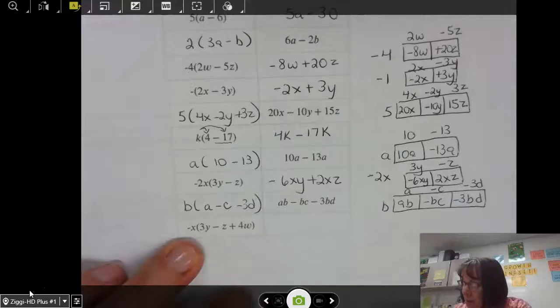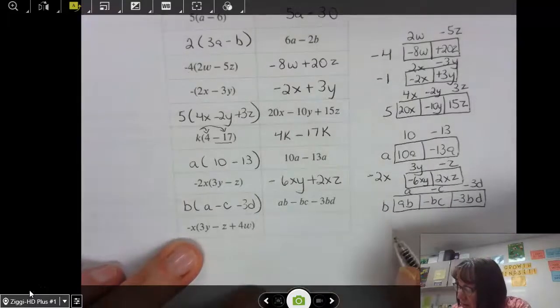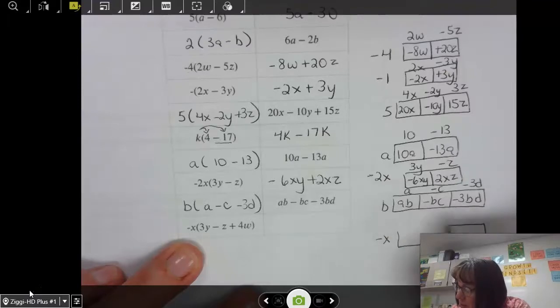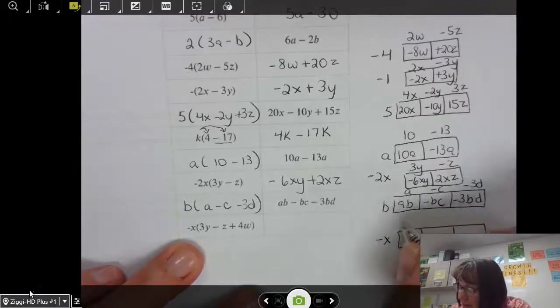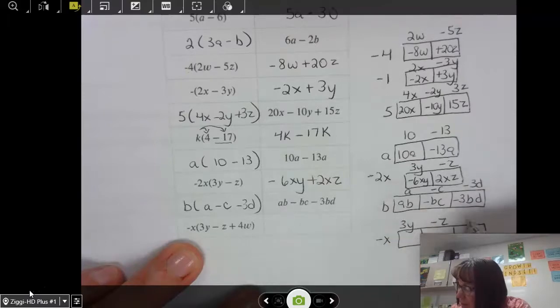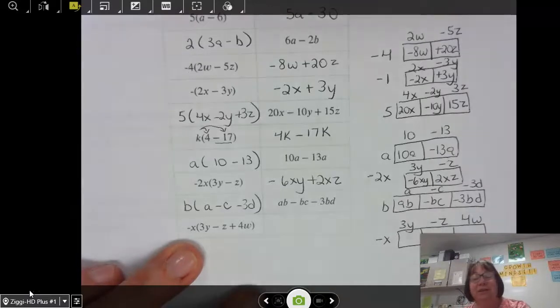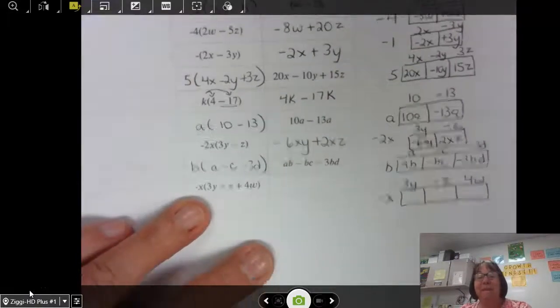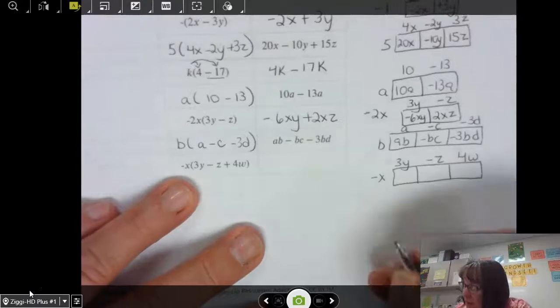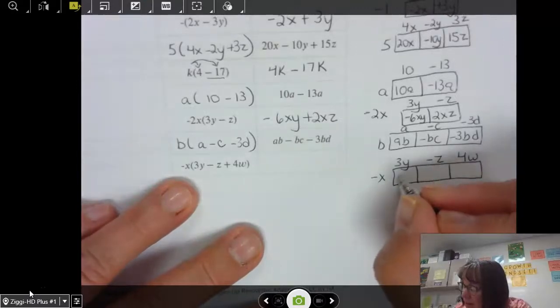Okay, now I'm working the other direction again. I have negative x, looking for what will go in my boxes, and I have 3y, negative z, and 4w. Those are my 3 terms that are inside the parentheses. This would be negative 3xy.